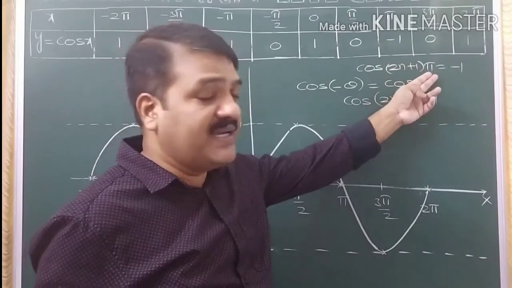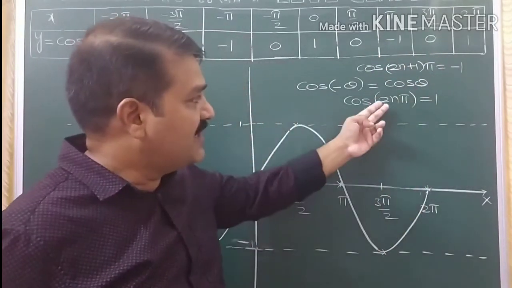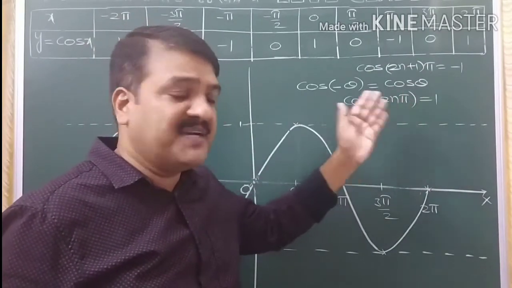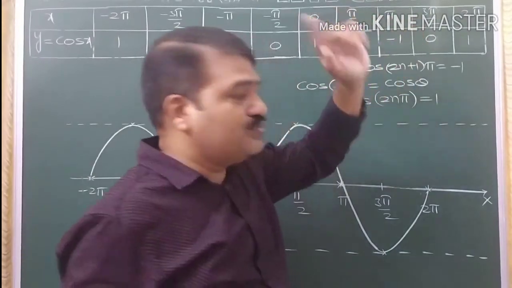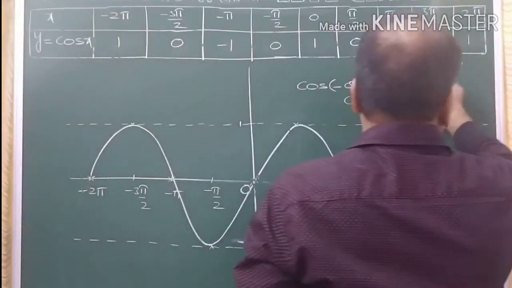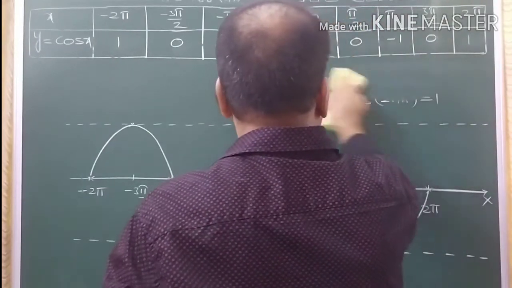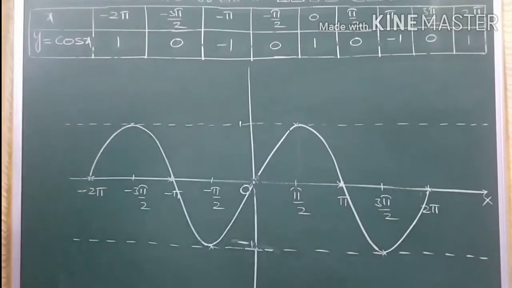Odd multiple of pi like 1 pi, 3 pi, 5 pi, it is going to be minus 1. Even multiple of pi, 2 pi, 4 pi, 6 pi, it is going to be 1. For odd multiple of pi by 2, cos function is going to be 0. So these are the different properties which we have already discussed in our previous sessions.